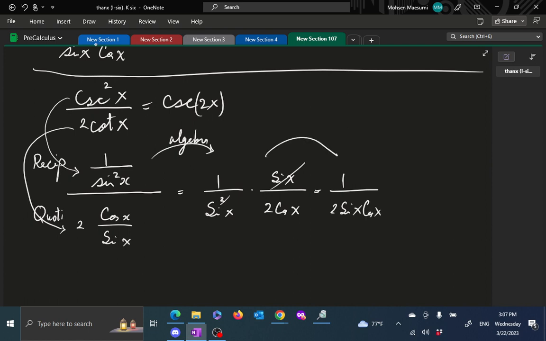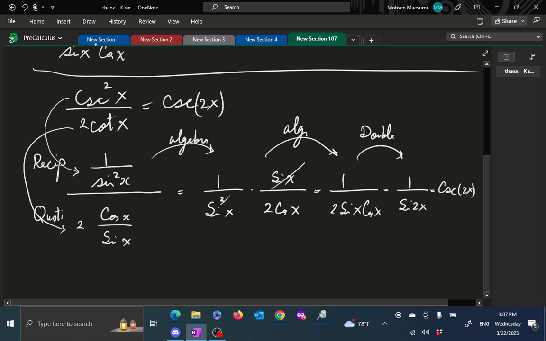So this is still algebra. And then this is 1 over sine of 2x. This is the double angle identity. And that is cosecant of 2x. 1 over sine is cosecant. And what is that? That's the reciprocal identities.